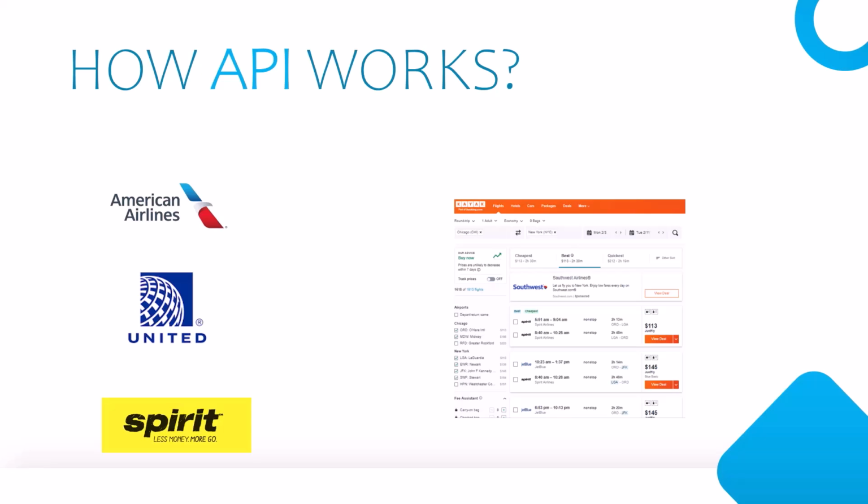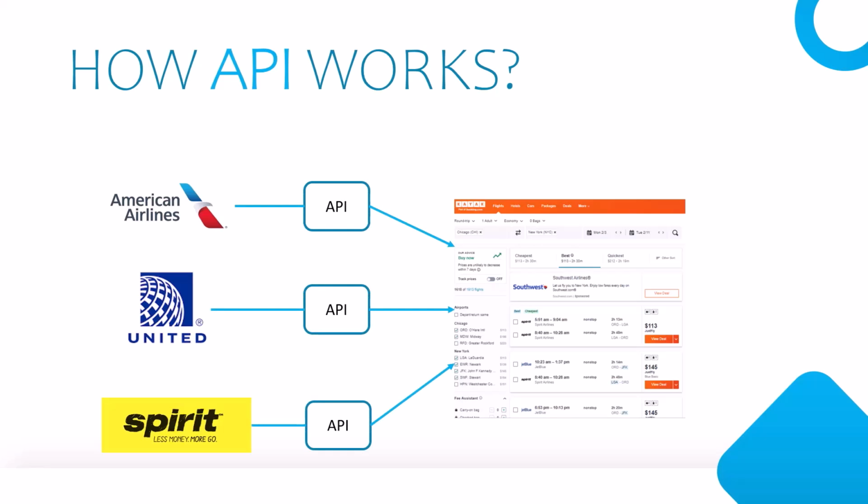What happens in the backend on kayak.com is that American, United, and Spirit would have exposed an API. Kayak.com will be calling those API endpoints based on date, origin, and destination, and it will return all the responses from the individual websites. Whatever response it returns from those websites, it will display on kayak.com.